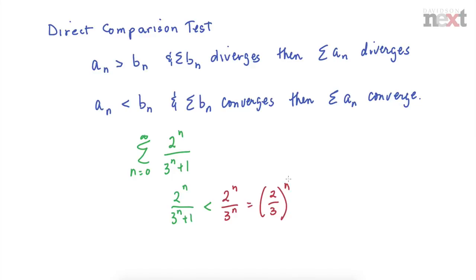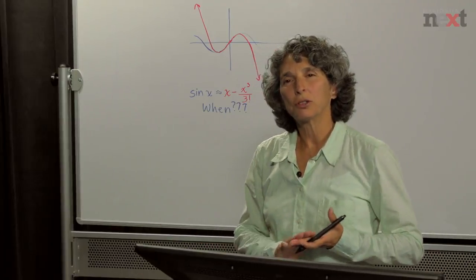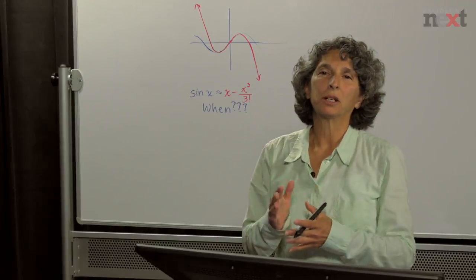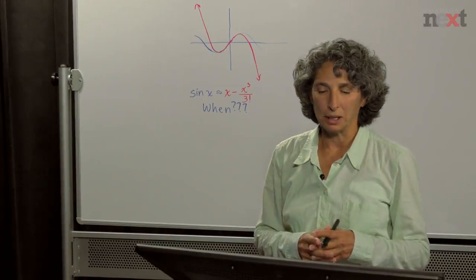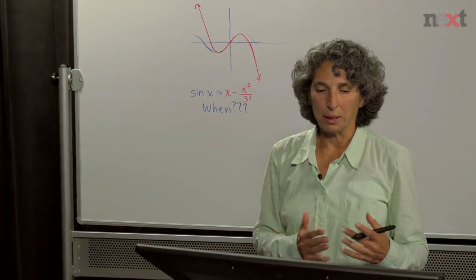And since our series is smaller term by term than a convergent series, we can say our series converges. We use the series that we know about from the integral test and geometric series as our comparers because we know how they behave pretty simply, and then we take more complicated series and make the comparison.